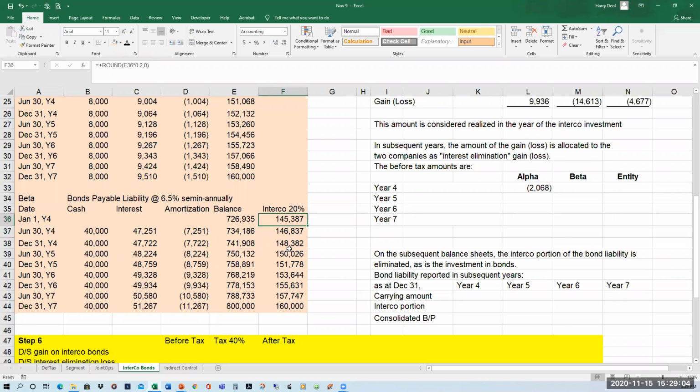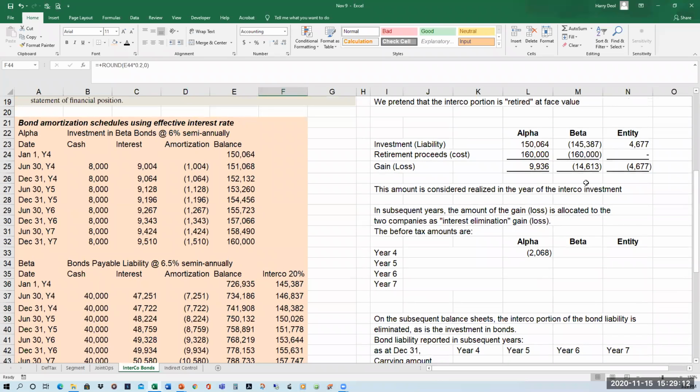So the result of this being that the gap between the carrying amount of the intercompany liability and the face value narrows. Recall that the initial amount of the loss allocated to Beta was due to the difference between the face value of the liability, 160,000, and the carrying amount. So as the carrying amount increases, the gap between the face value and the carrying amount narrows. So as that narrows, the loss attributable to Beta shrinks, and that means there is a gain.